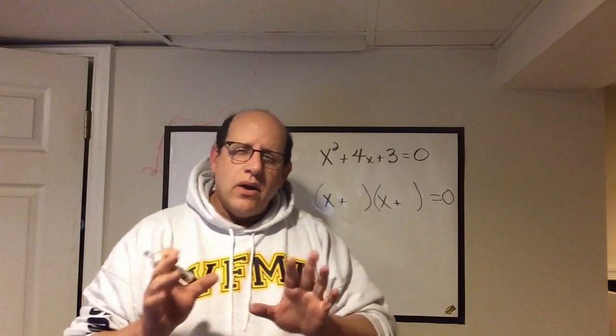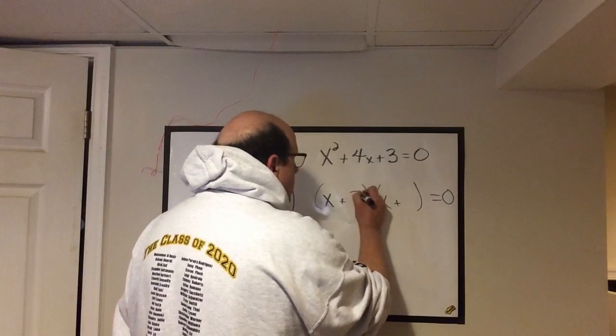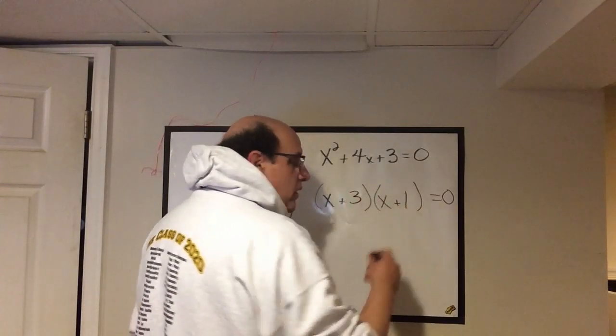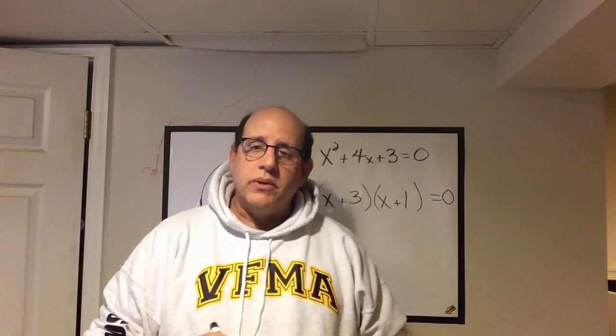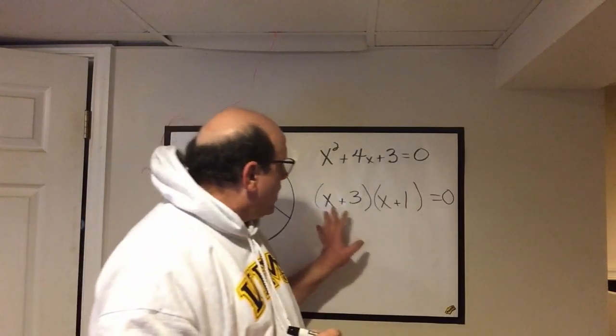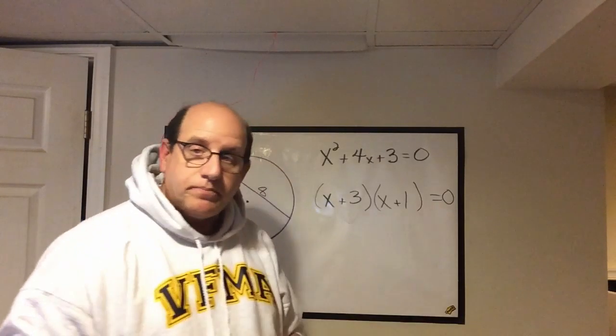Okay, so I know you haven't done this for a while. It's been a while since you've been doing a lot of algebra, but this is what you have to do with the most difficult parts of this segments in a circle piece. So now you have x plus 3 and x plus 1 equals 0.